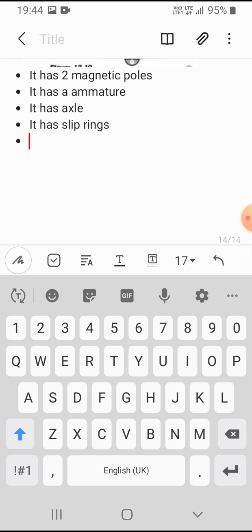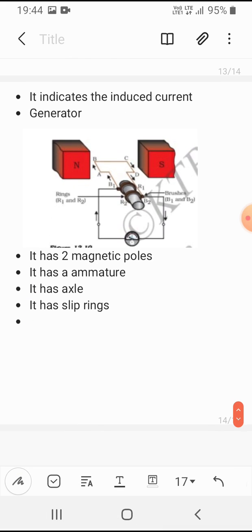Keep in mind: in any circuit, if we put a split ring instead of a slip ring, then it becomes a motor, or if we put a slip ring in place of a split ring, then it becomes a generator. This is the simple thing you have to remember.